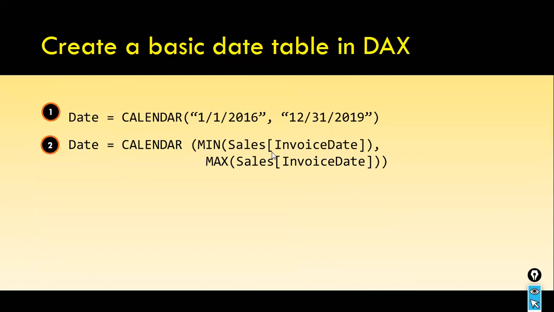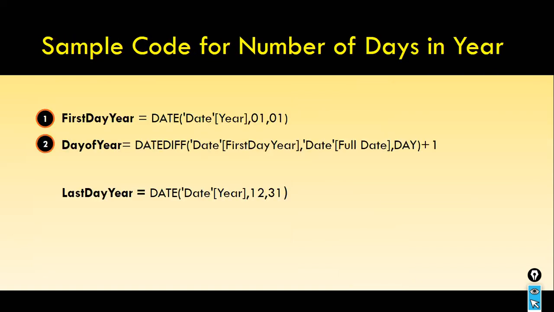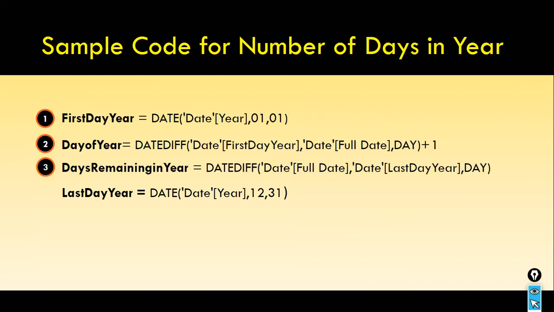In the case of CALENDAR, you have to compute the minimum value and the maximum value. Whereas in the case of CALENDARAUTO, as the name suggests, it automatically deduces the earliest date and latest date. You need not compute this. But again, you need to do a little bit of filtering as part of CALENDARAUTO.